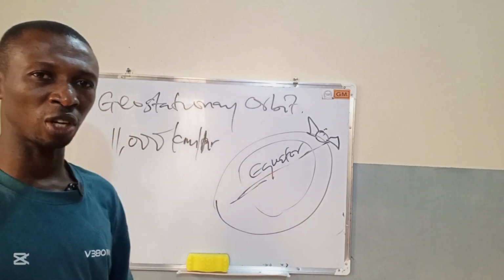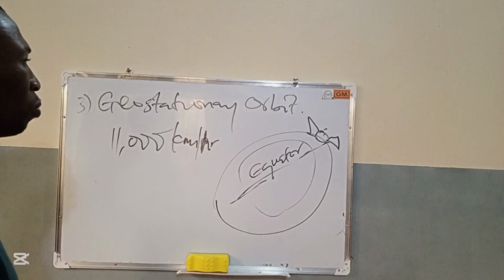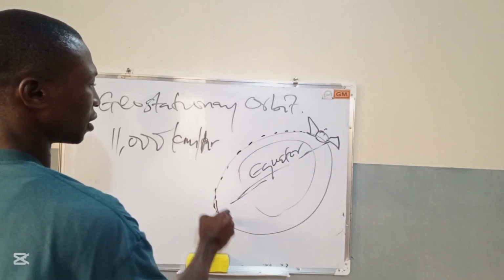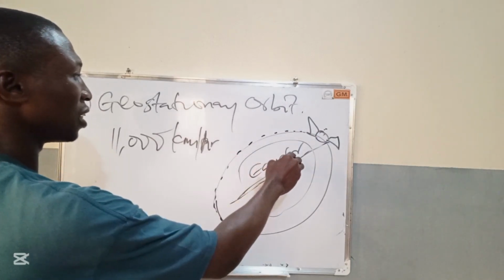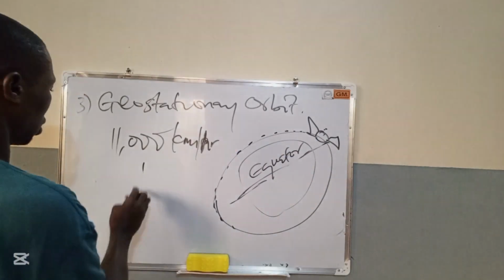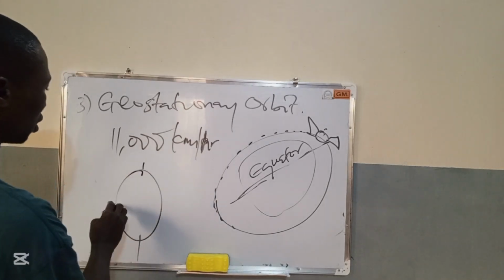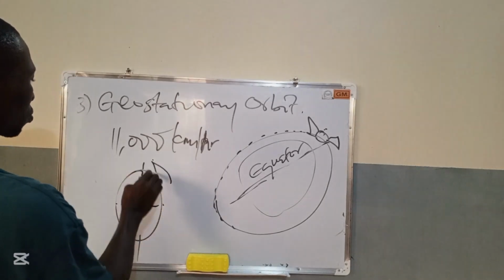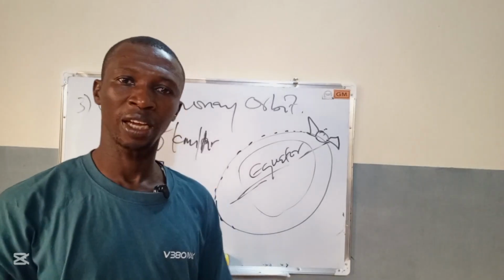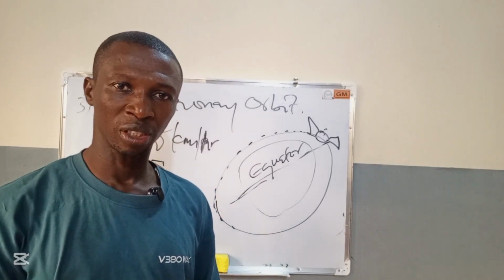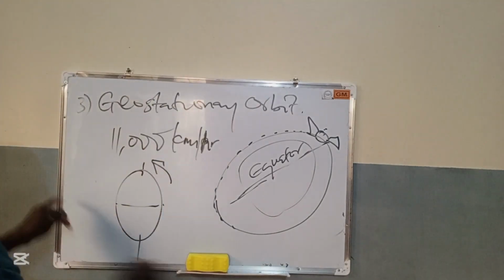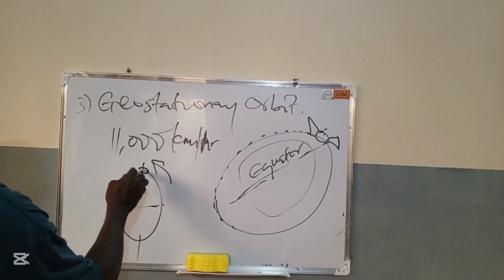Now, why do we call it geostationary orbit? It is called geostationary orbit because the time this satellite revolves around the Earth is the same time it takes the Earth to rotate about its axis. You and I know that the Earth rotates about its axis, that's why it accounts for day and night that we experience in different parts of the Earth.